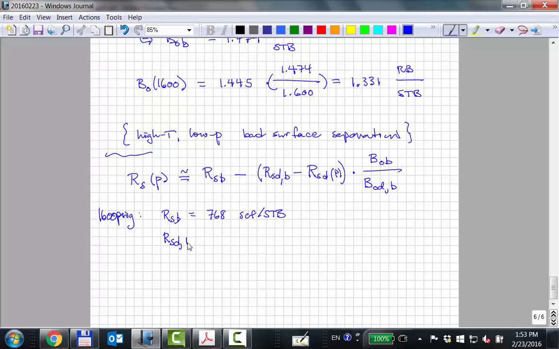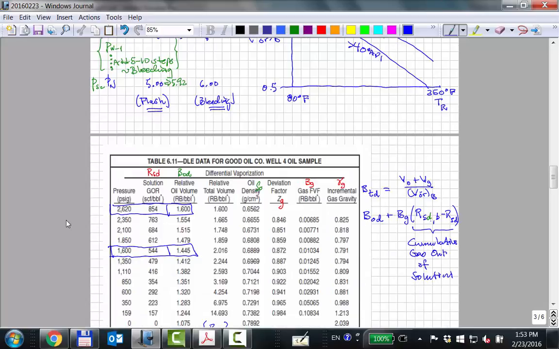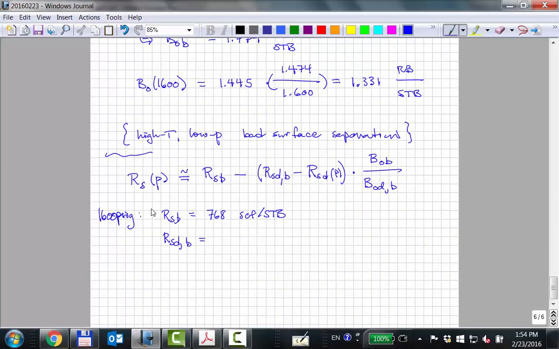RS differential at the bubble point, that's from the table up here. That's the 854 number. 854. And that's per residual barrel.